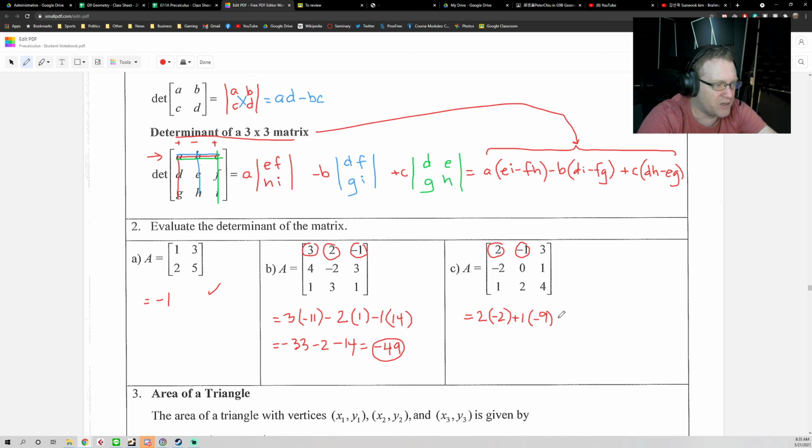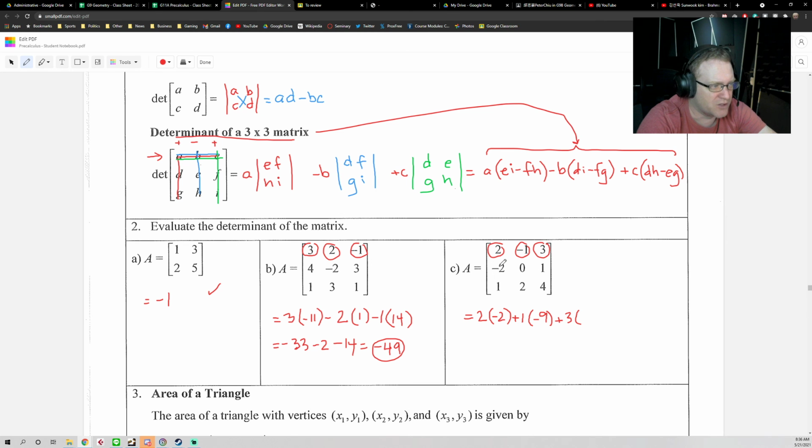And then the last part is we're going to go plus c. All right. Remember, it's positive minus positive. All right. So it's plus 3. And then we're going to find the matrix that's left over here. So we're going to cross out this, and we're just going to have negative 2, 0, 1, 2.